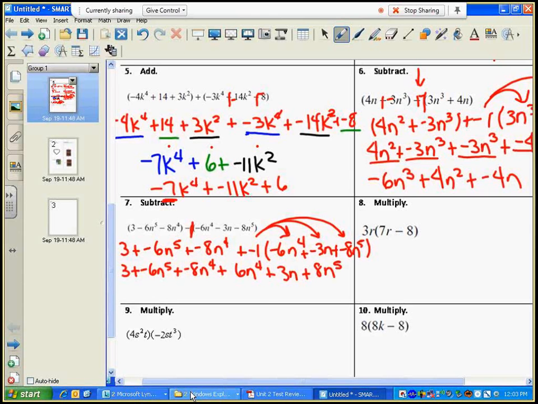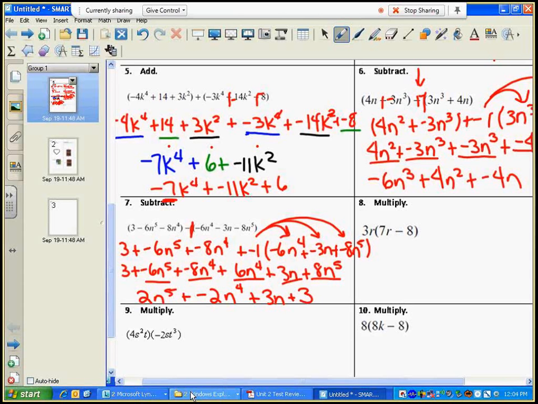Now, let's combine the other terms. I'm going to go ahead and do it with the highest degree first. So negative 6n to the fifth and 8n to the fifth is 2n to the fifth. Plus negative 8n to the fourth and 6n to the fourth is negative 2n to the fourth. Plus 3n, plus 3.